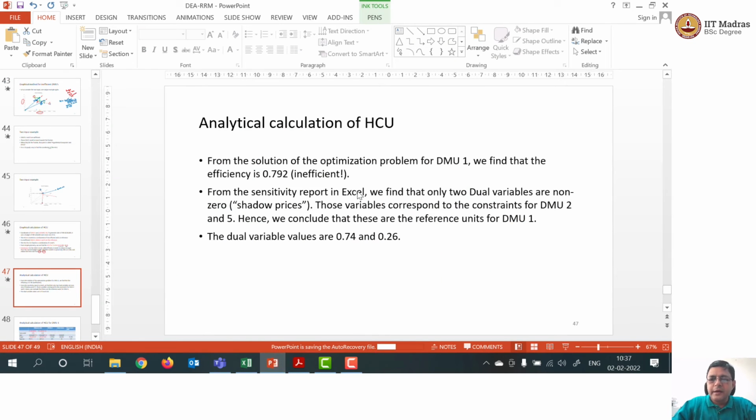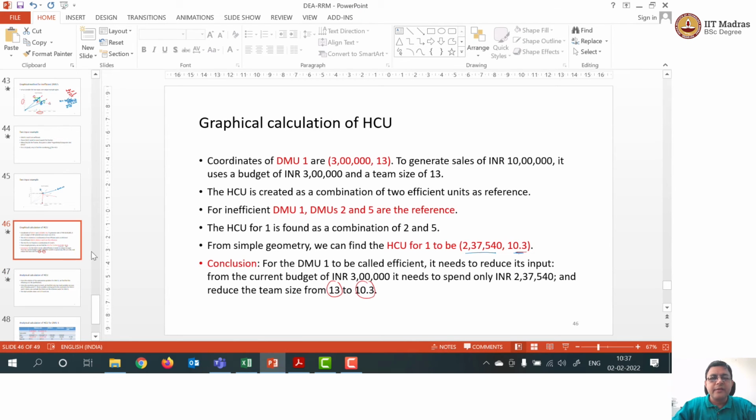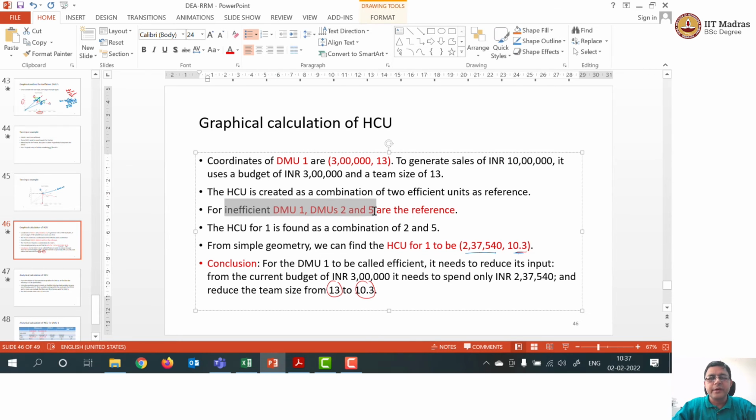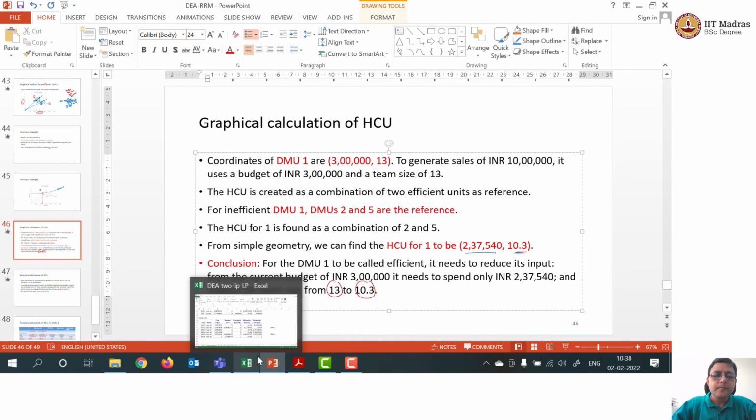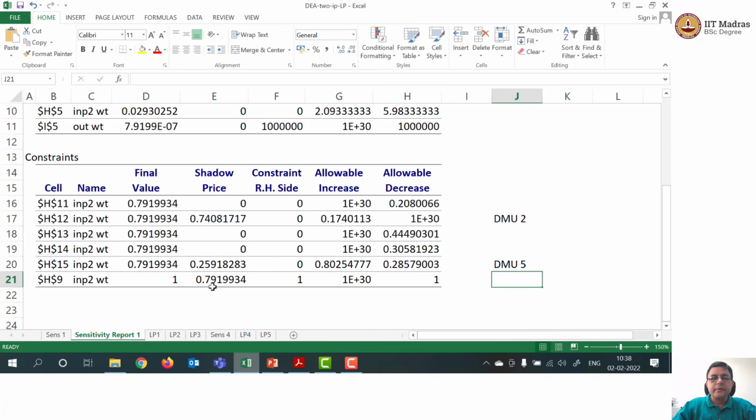In our geometric calculations, we first identified the reference units, and then simply used geometry to find the point of intersection. So far we have reached this point using optimization. Now let us find the coordinates of HCU using optimization, in particular using the dual variable values 0.74 and 0.259.